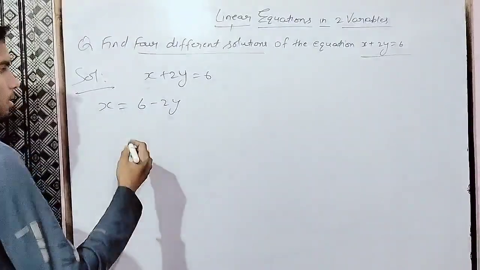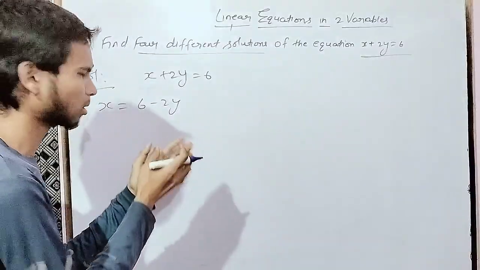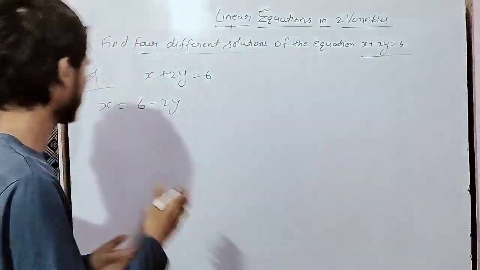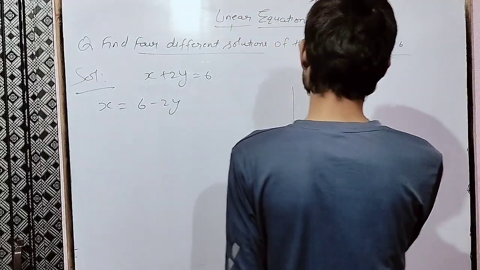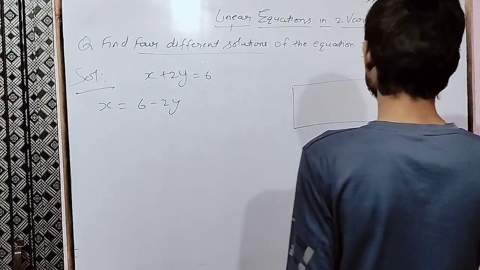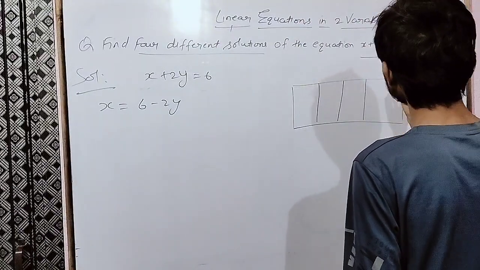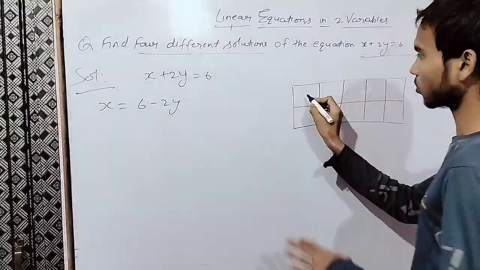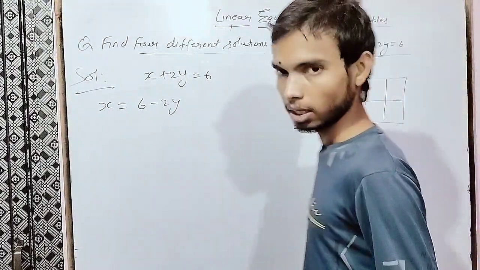Now we are able to put a value in place of any variable. So I am going to make four boxes to represent four solutions: 1, 2, 3, 4.